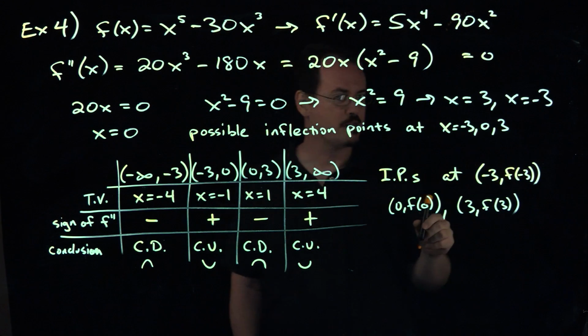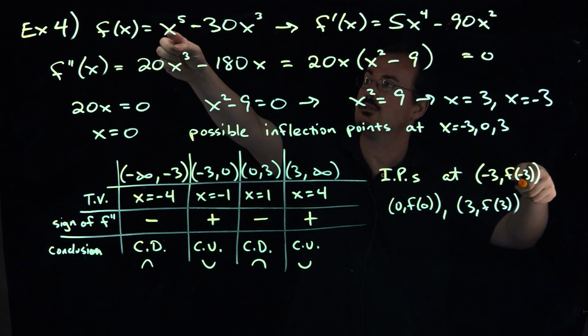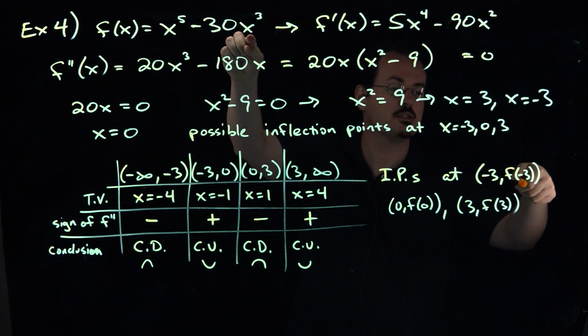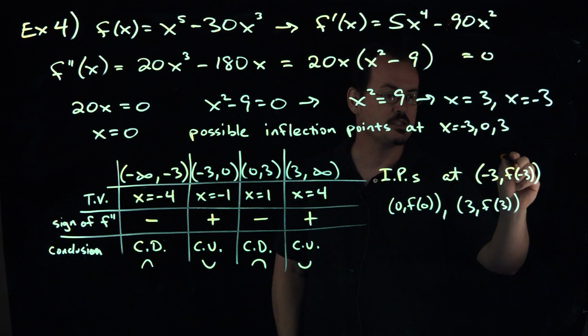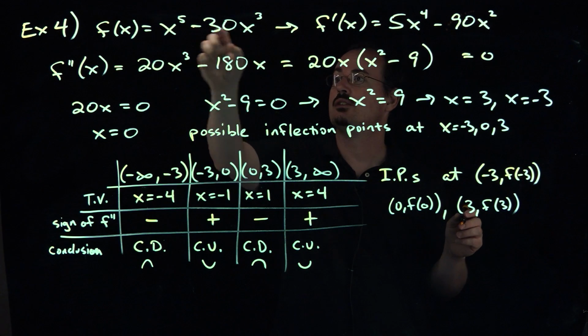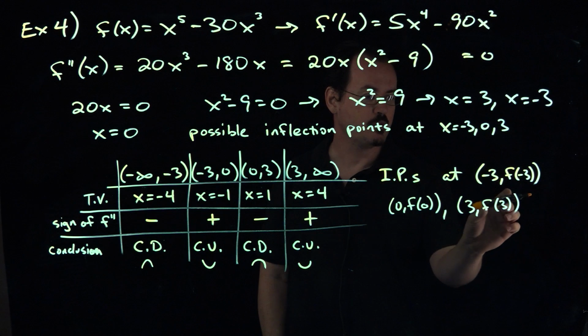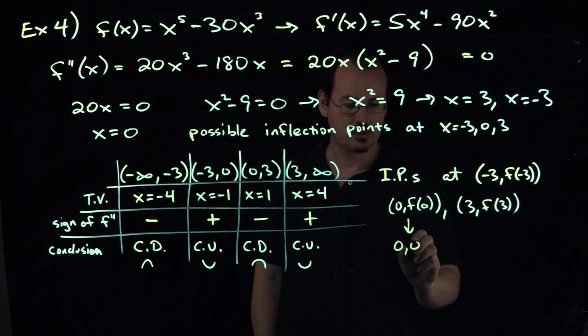Now, I don't have my calculator with me today, so what you would have to do is plug that number into here, x to the 5th and x to the 3rd, and simplify that, and that will give you the y value there, and you'll actually need that y value. And the same with 3. If you plug those in there, you'll find some number, that will be the y value. This one we can actually do no problem. So that's at 0, 0.